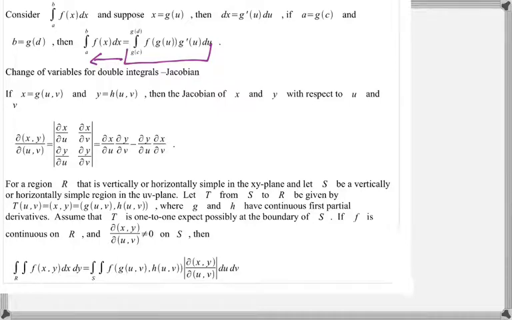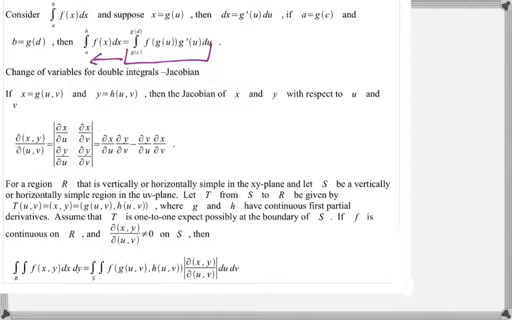So row 1 is going to be partial of x with respect to u, partial of x with respect to v, and row 2 is partial of y with respect to u, and partial of y with respect to v. So when we find the determinant of that, we're going to have dx/du times dy/dv minus dy/du times dx/dv.